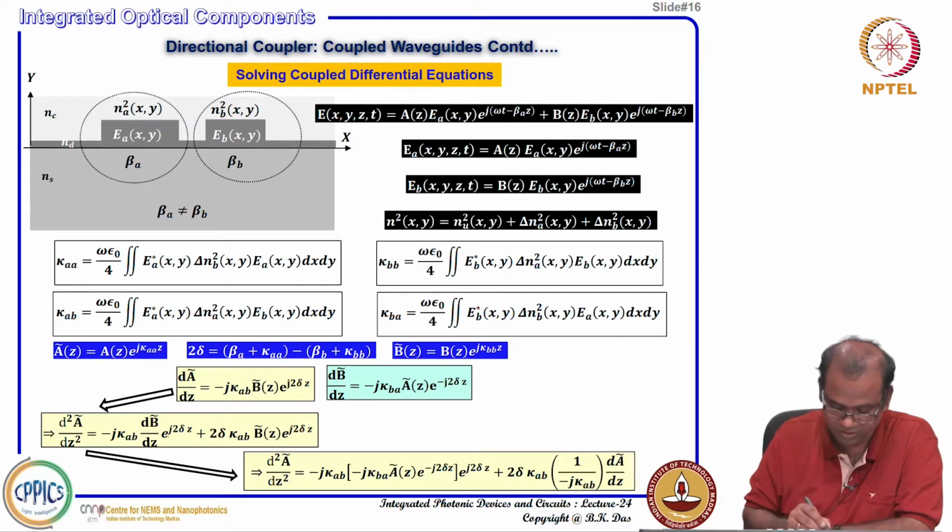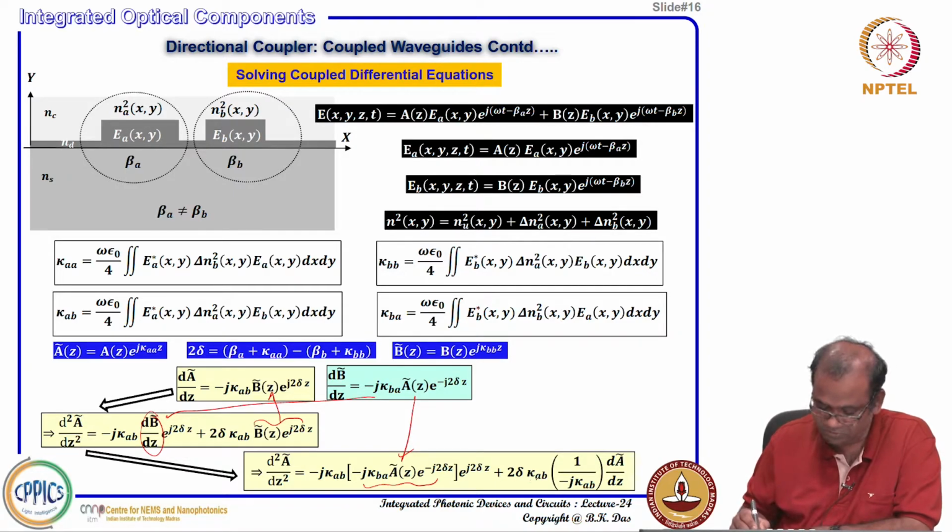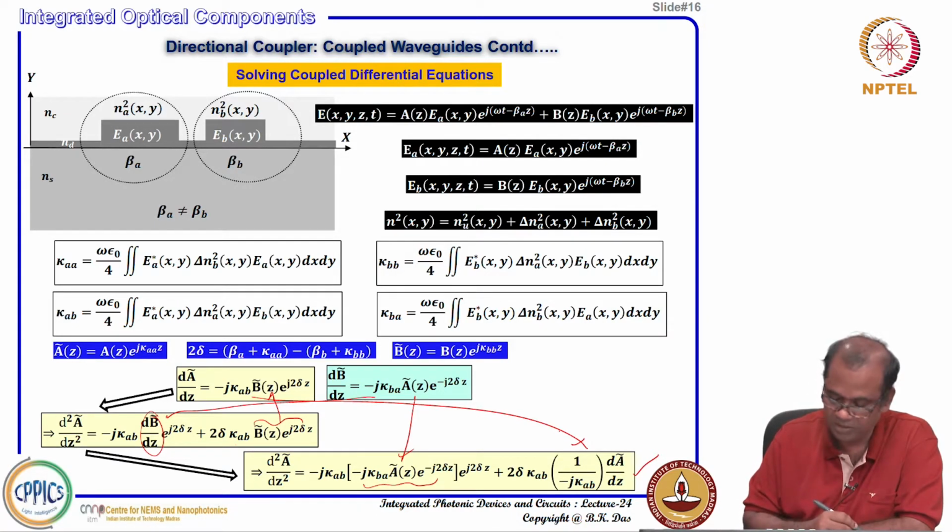So, that is what I have written. This one I have taken from here and this one I have taken from here, then I get this thing. So, instead of dB dz I have just put this one directly, and 2 delta kappa a b and b z, this one is equal to 1 over minus j kappa a b dA tilde dz. So, this is straightforward, we just put it here mathematically. It is very simple.